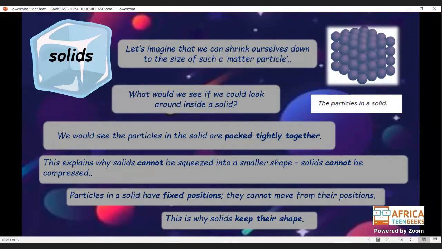Liquids don't have a definite shape because you can put them into any container and they will take that container's shape. Think about this: you go to the beach, you've got your little bucket, you put water in it from the ocean, and you can see it takes the shape of the bucket. Then you dig a hole in the sand, you pour your bucket of salty seawater in there, and it'll take the shape of the hole that you dug.